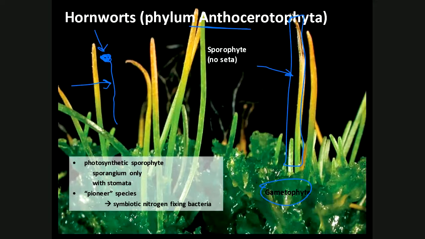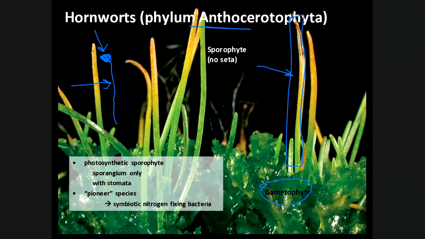They have to use nitrogen after it's been fixed, after it's been chemically converted. And oftentimes it's chemically converted through the symbiotic nitrogen-fixing bacteria. And hornworts live with the symbiotic bacteria in their tissues and that allows them to get access to that nitrogen nutrient that they need to survive.